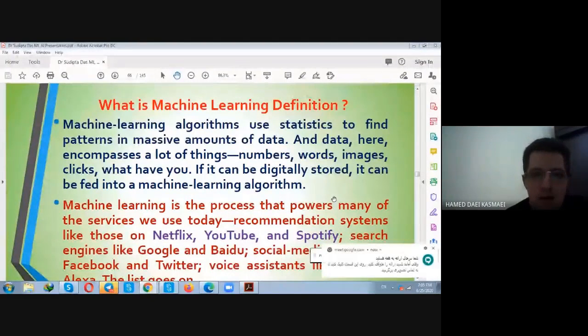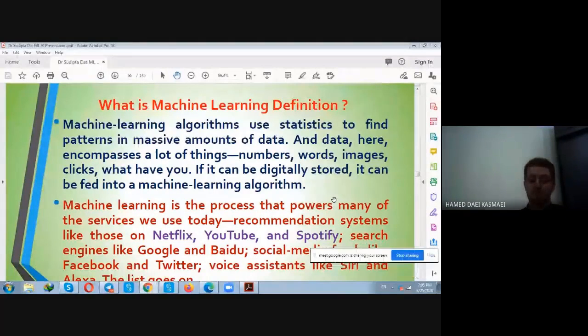What is the machine learning definition? Machine learning, like artificial intelligence, or ML in abbreviation, uses statistical methods or probability to find patterns in massive amounts of data. So when you talk about probability, please keep in mind that we are talking about prediction.